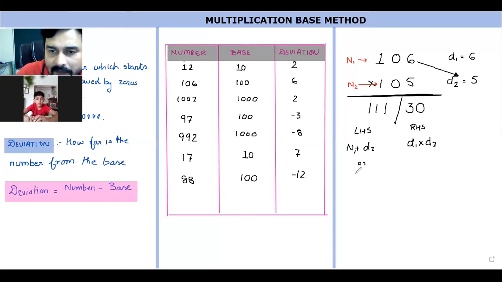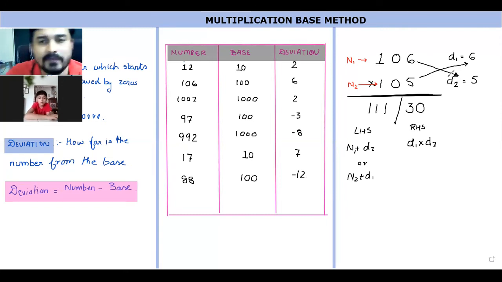Or I could add number 2 and deviation 1: 105 plus 6, that also comes to 111.